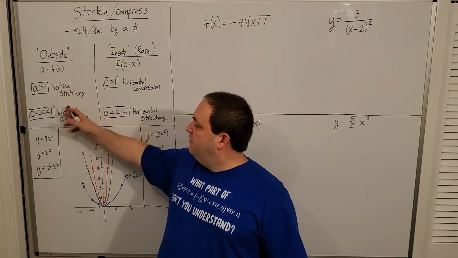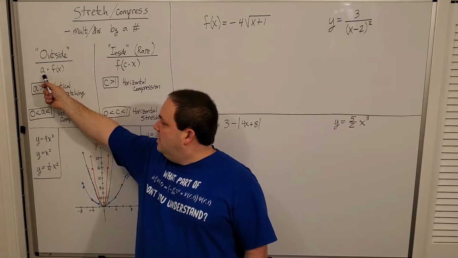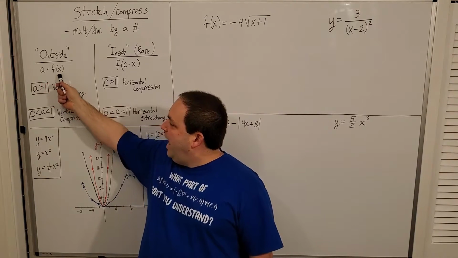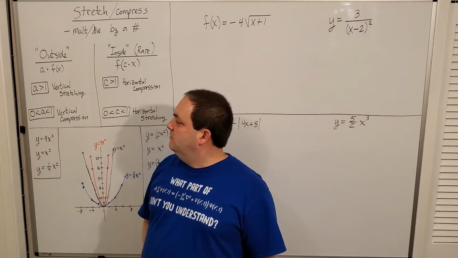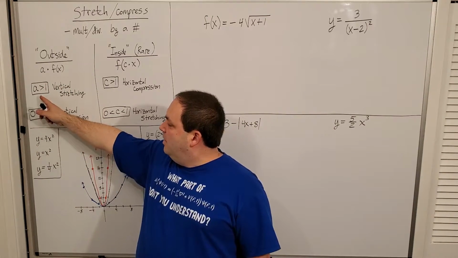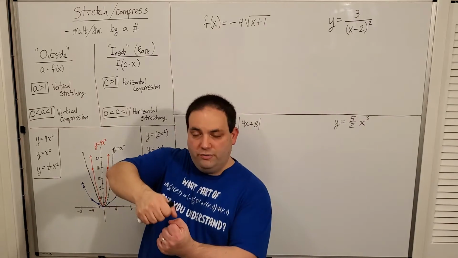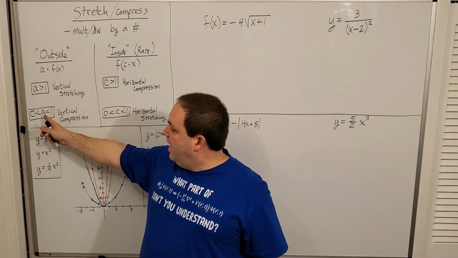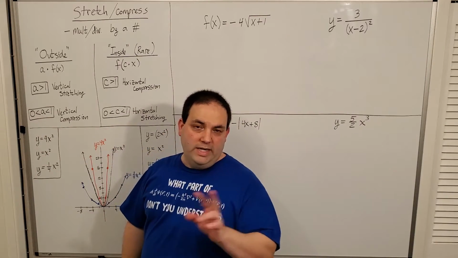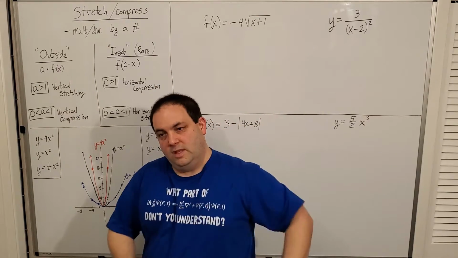And those give us all of our vertical stretching and compression. Okay? The number is multiplied outside of the function. A is times some function f of x. Okay? If that number a is bigger than 1 in size, then it's going to vertically stretch the shape. If the number a that you're multiplying is somewhere between 0 and 1, then it's going to vertically compress.